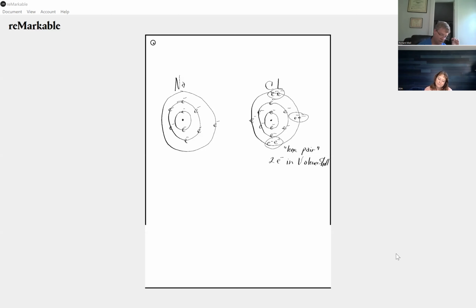But it has 1 unpaired electron, just like sodium has 1 unpaired electron. Any element that has an unpaired electron is called a free radical. A free radical, unpaired electron.